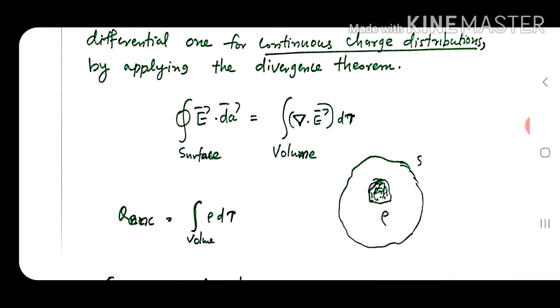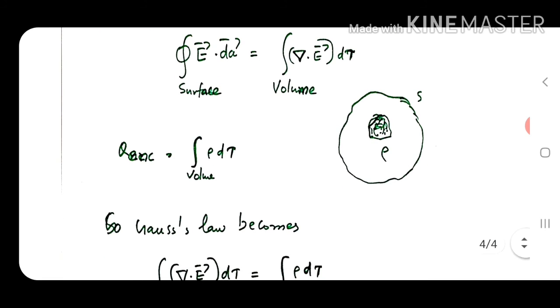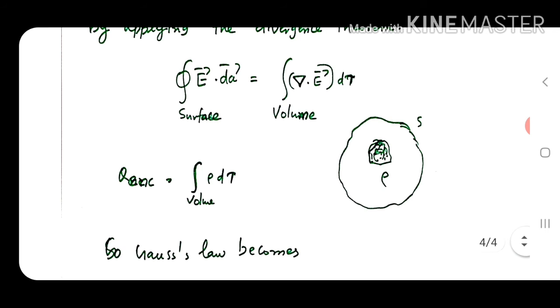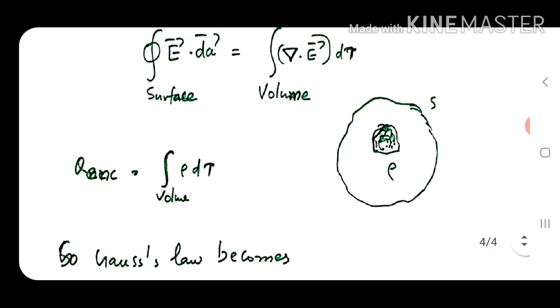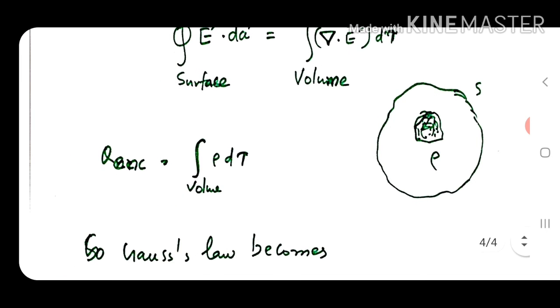For this surface, we have the integral of E dot dA, the flux, that is equal, by the divergence theorem, to the integral over the volume enclosed by that surface of del dot E d tau. That is the divergence theorem. Now take the Q enclosed by this surface S. That is the integral over the volume of rho d tau.